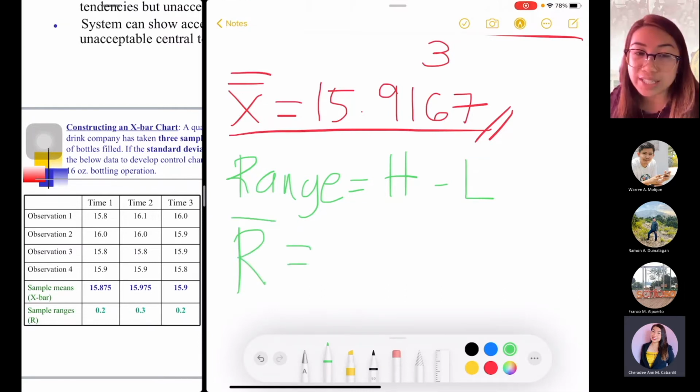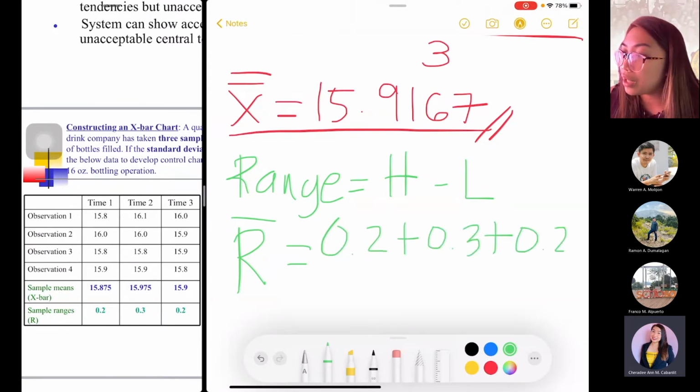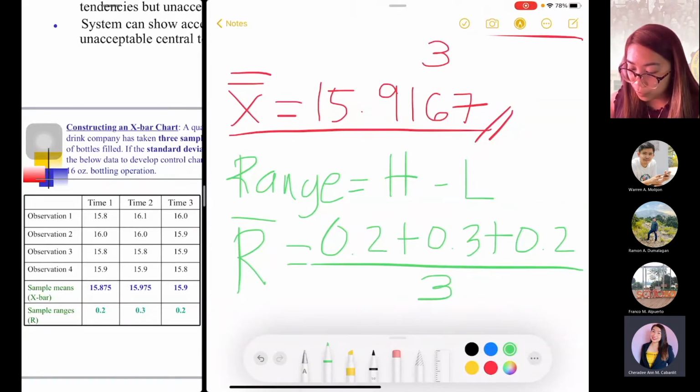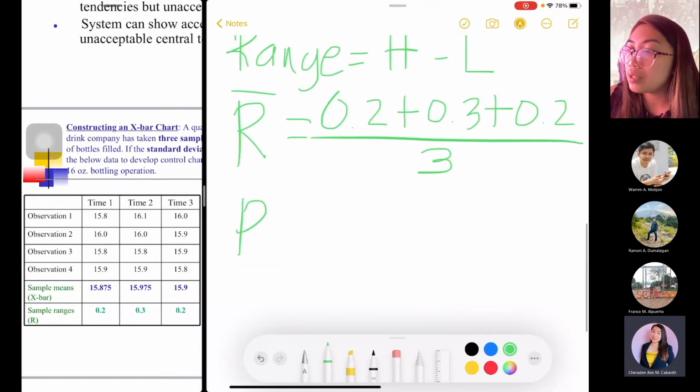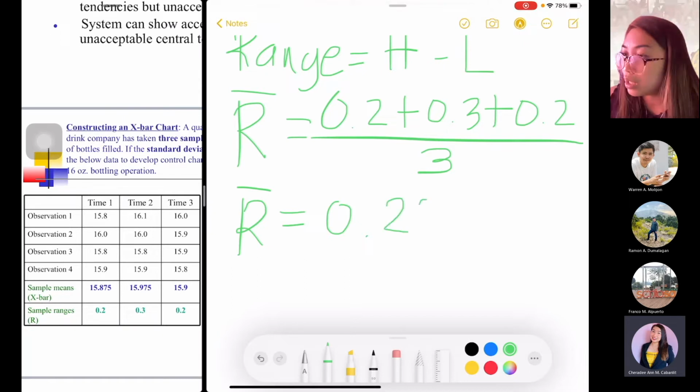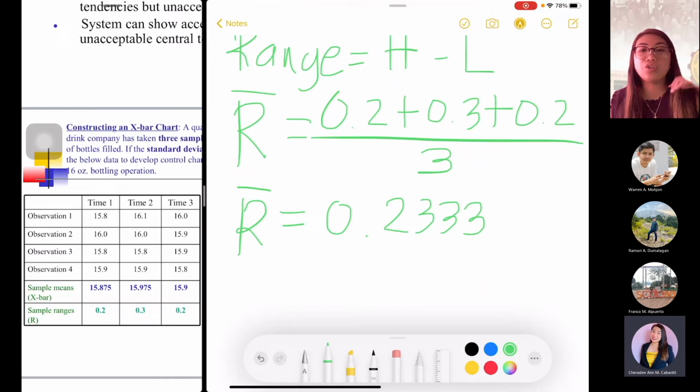Did you get that? So 0.2 plus 0.3 plus 0.2 divided by 3. That's your average. Bar R is 0.2333. Okay? So that's your bar R.